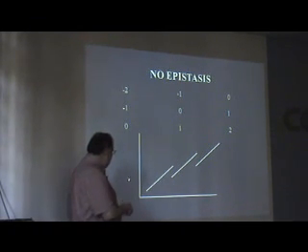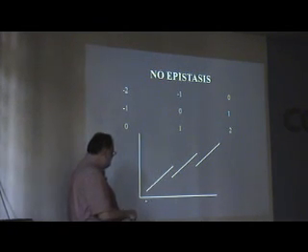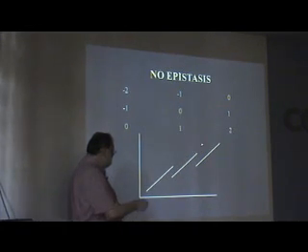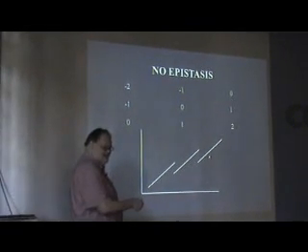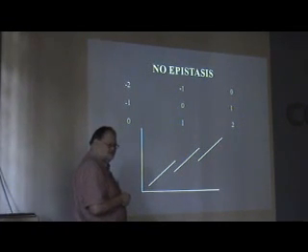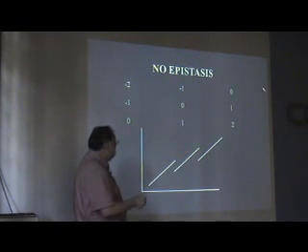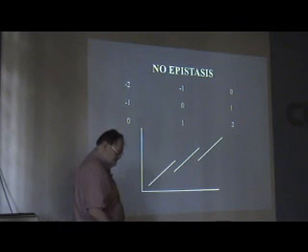And if we were to plot the phenotype along the y-axis and the genotypes along the x-axis, what you would see is a series of parallel lines, lines that would never cross. They're parallel to one another. That's the situation of no epistasis, which is indeed a very special situation.